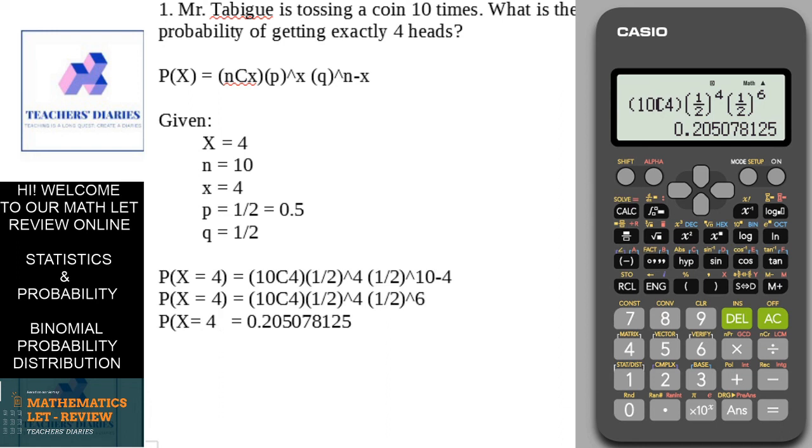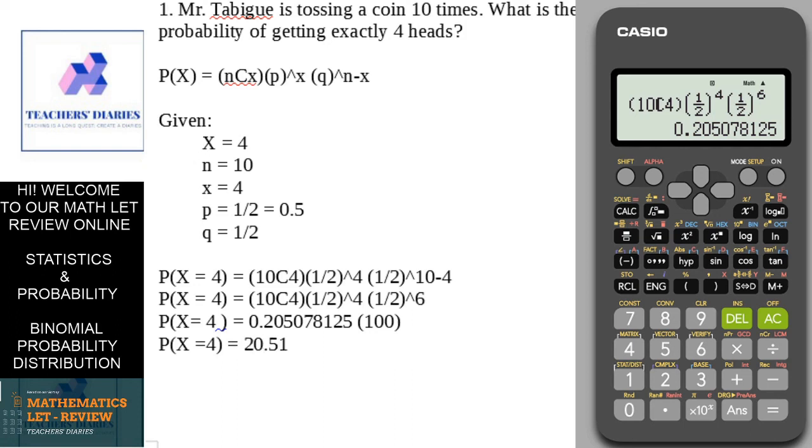Now since our answer here is in decimal, we're going to change this into percentage form. Just multiply it by 100. Then this would be 20.51%.